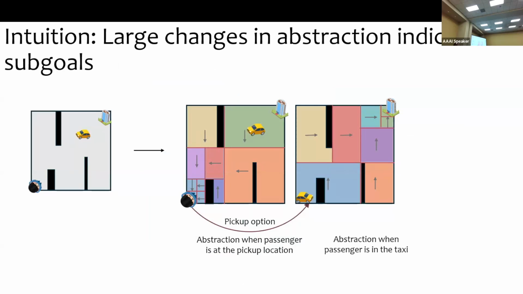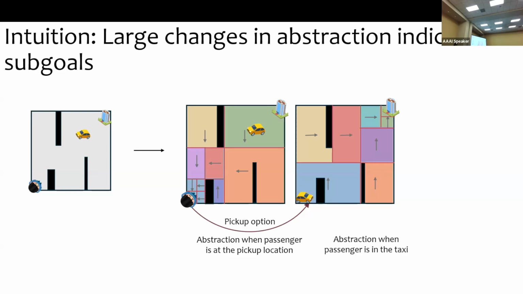Our intuition for option invention in this work is that if we can detect significant changes in the abstraction, then we can use that to invent an option. For example, the abstraction on the left, when the passenger is at the pickup location, looks very different from the abstraction when the passenger is in the taxi.